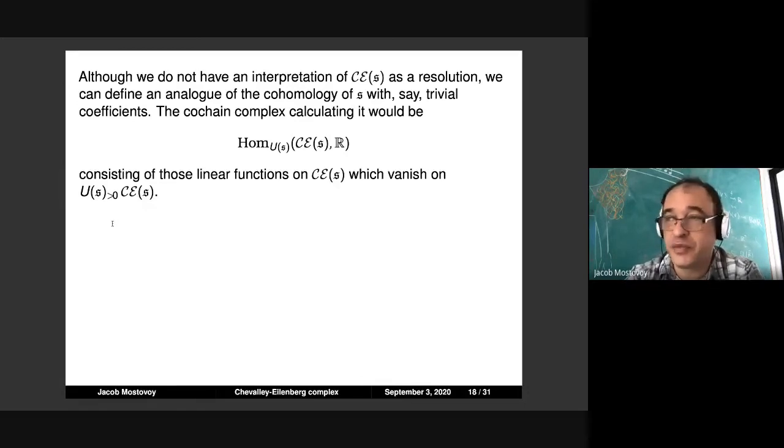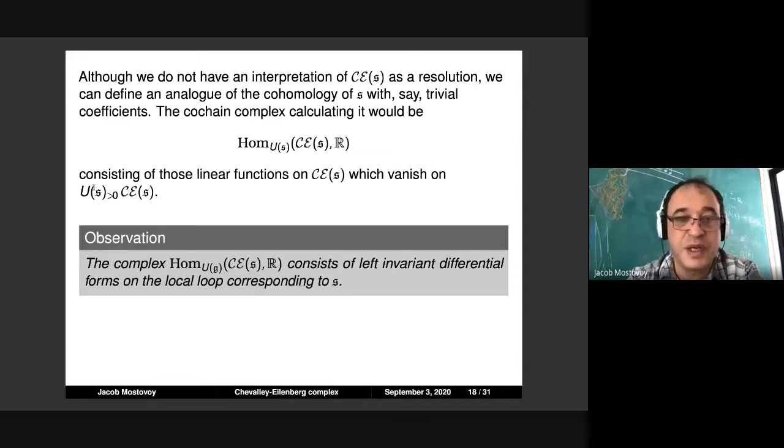We think of the real numbers as the trivial module over the universal enveloping algebra of your Sabinin algebra, and we want those functions which vanish on the left coset of the non-trivial elements of your universal enveloping algebra. This is the simplest module structure that we can expect.